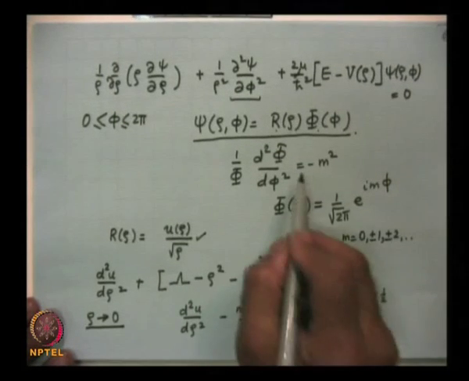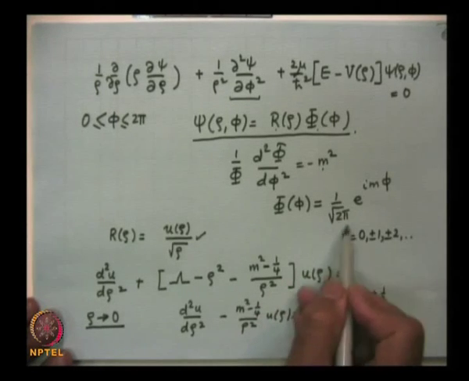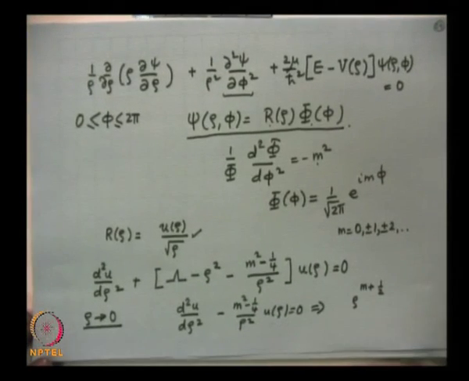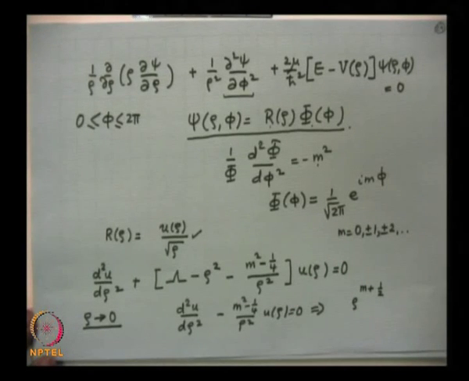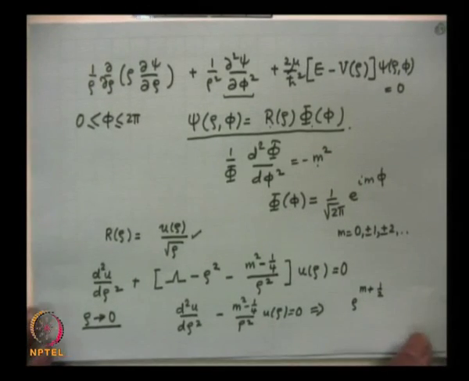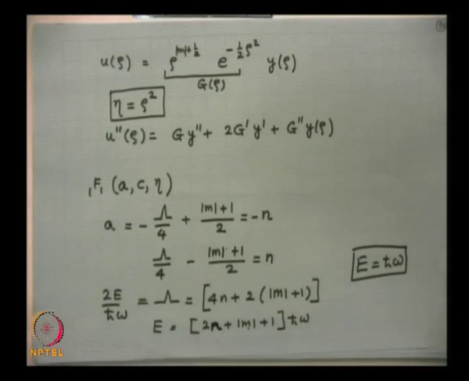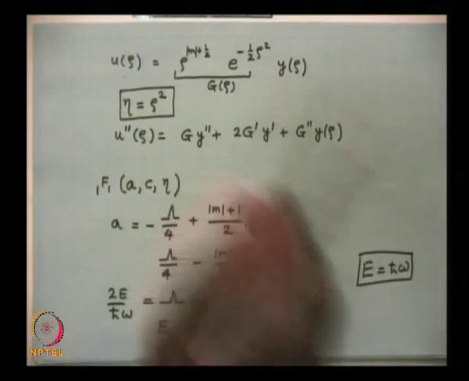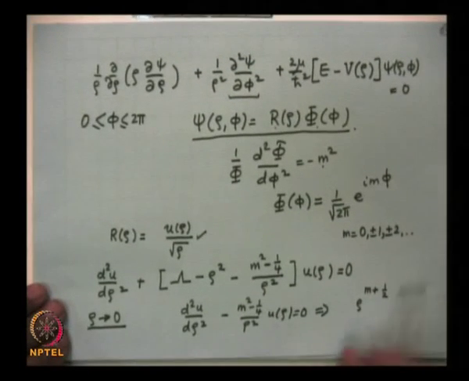So, the phi term we set equal to this constant, and the phi solution will become, as we had obtained in the angular momentum case, 1 over root 2 pi e to the power of i m phi. With that we make a transformation something like this. We look at the small rho behavior. Small rho behavior will be rho to the power of m plus half.